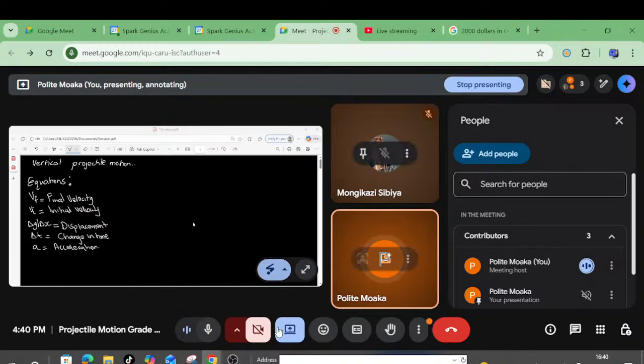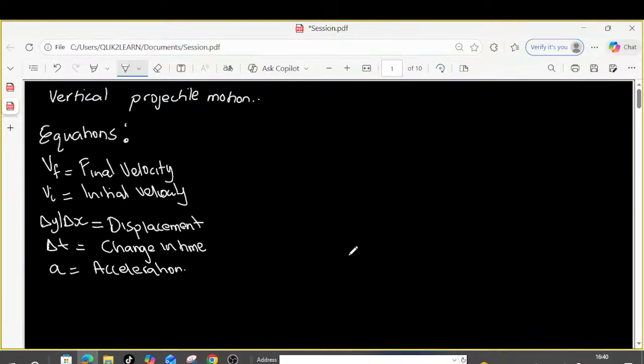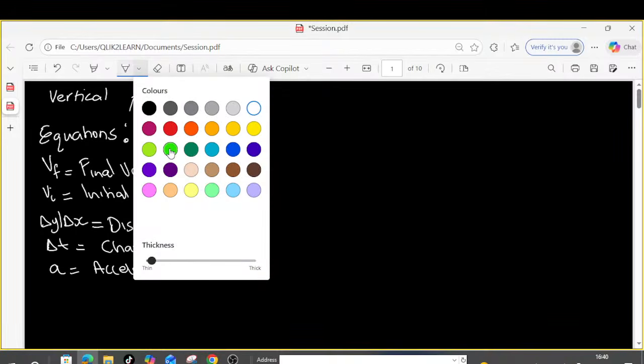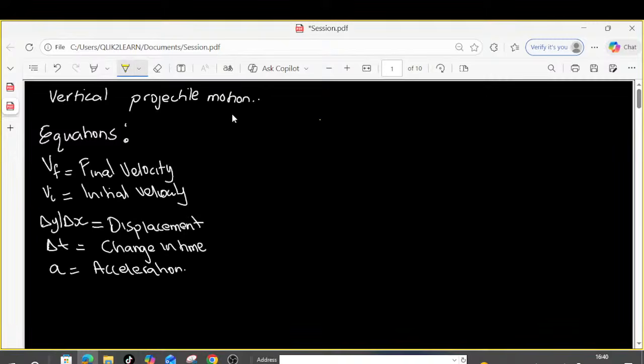Okay, so let me quickly write down the formulas that we're going to use. But before I write down the formulas, remember, if an object is in free fall, the only force acting on the object is weight. So let's say we have an object that is in free fall.